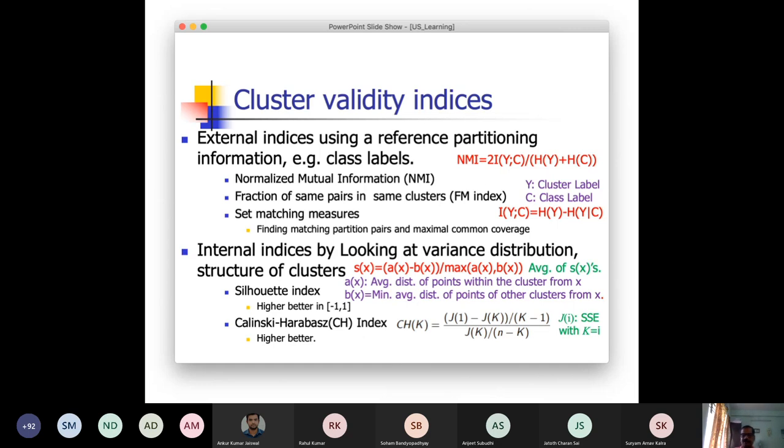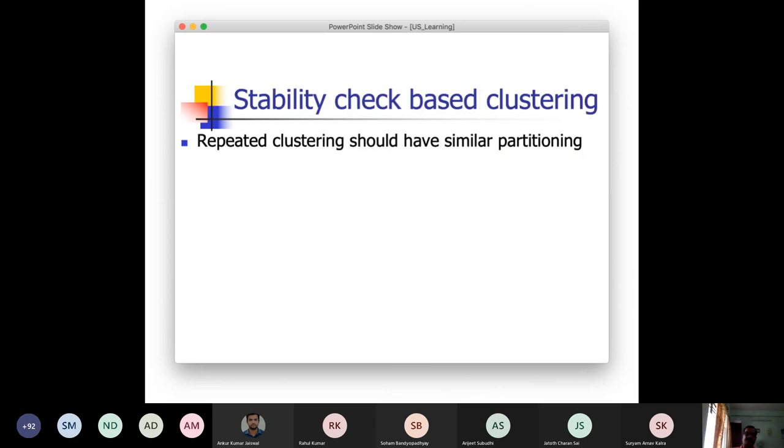It is difficult to put a limit theoretically, but in practical problems we can have some understanding of what could be the minimum and what could be the maximum. So within that range, you enumerate for every k, and then choose the value of k where you get the best index. So this is the method by which you can determine the value of k, that is based on the validity index based method.